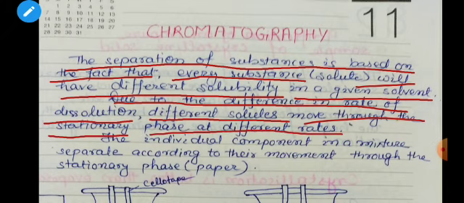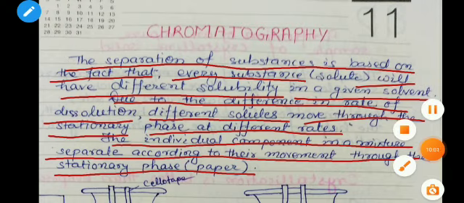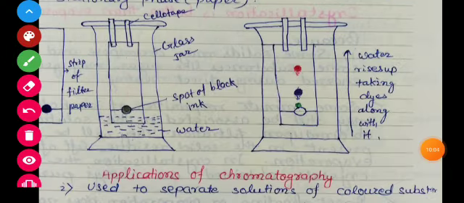The individual components in a mixture separate according to their movement through the stationary phase, that is, the paper. We can explain this technique by identifying the blue as well as black component in a drop of ink, which is water soluble.